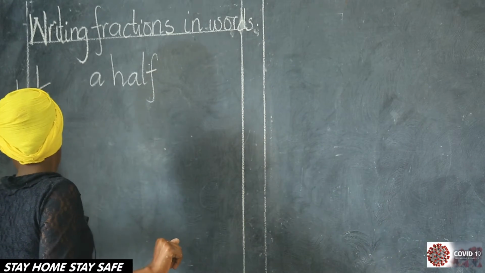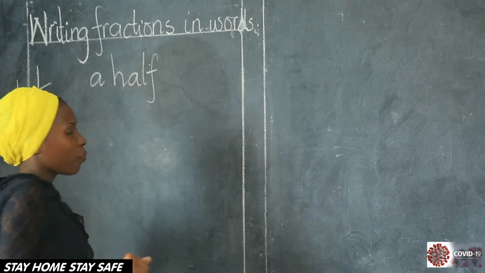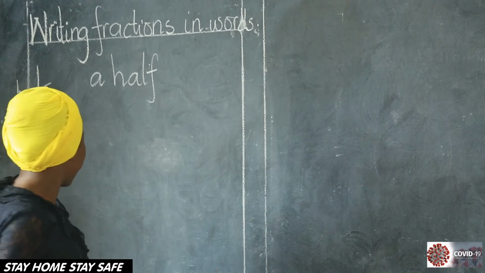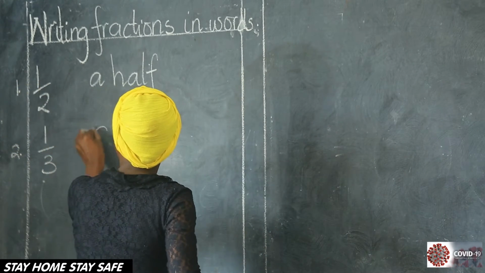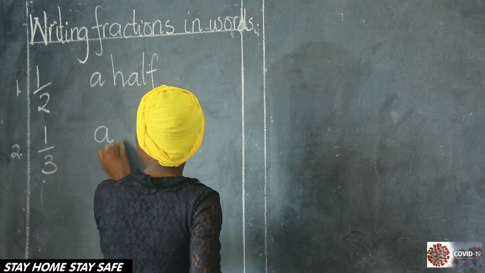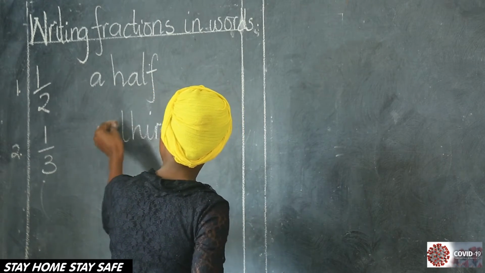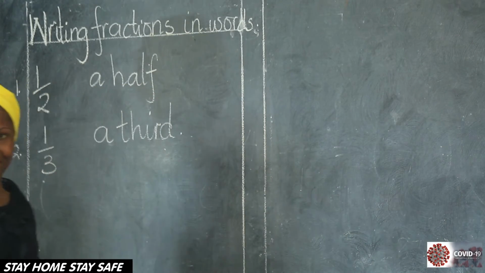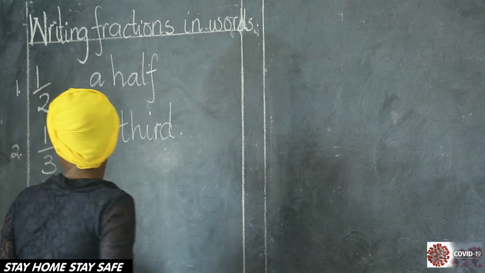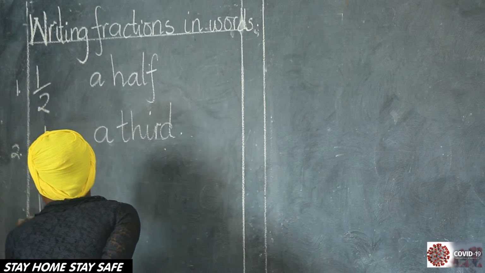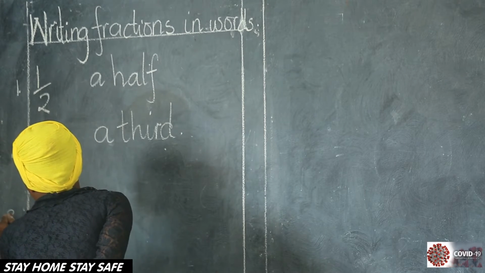Let's see if it's 1 part out of 3 parts. Yes, you'll see this one is a third. This one is called a third. And then we have this one when it is 1 out of 4.